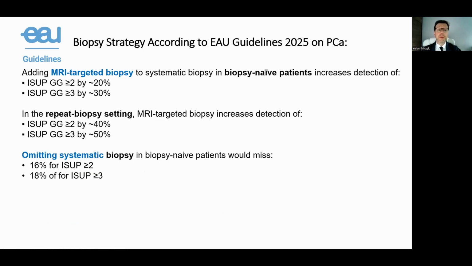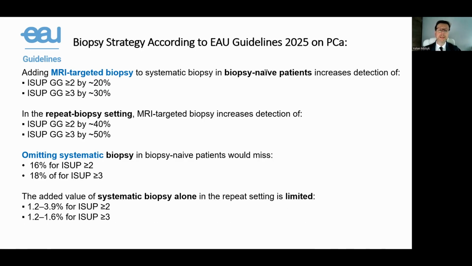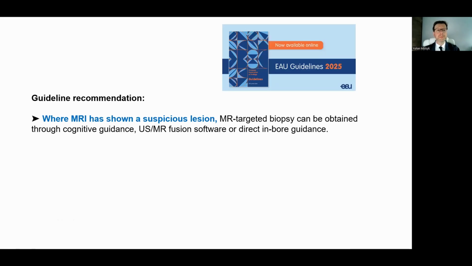At the same time, omitting the systematic biopsy in the primary setting could lead to missing up to 18% of these clinically significant cancers, and in secondary settings only up to 3.9% of ISUP category 2 and only 1.6% of ISUP category 3 cancers could be missed.